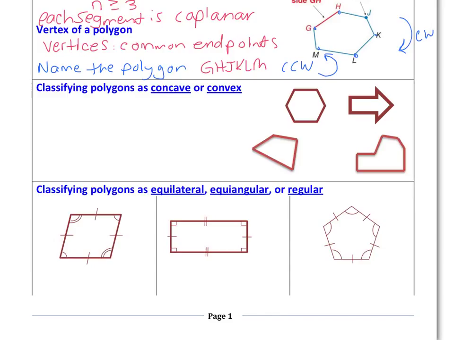So first of all, concave or convex. That's kind of trying to decide, does this polygon have any kind of cutouts in it or not? So what I like to think of is this cave. Concave means it has a cave.